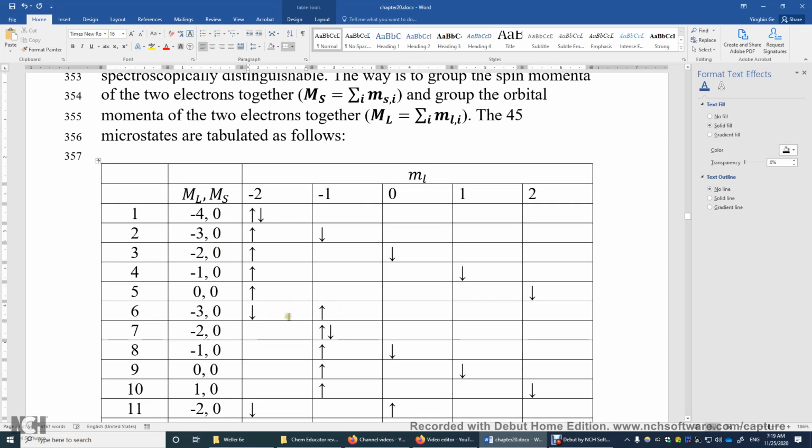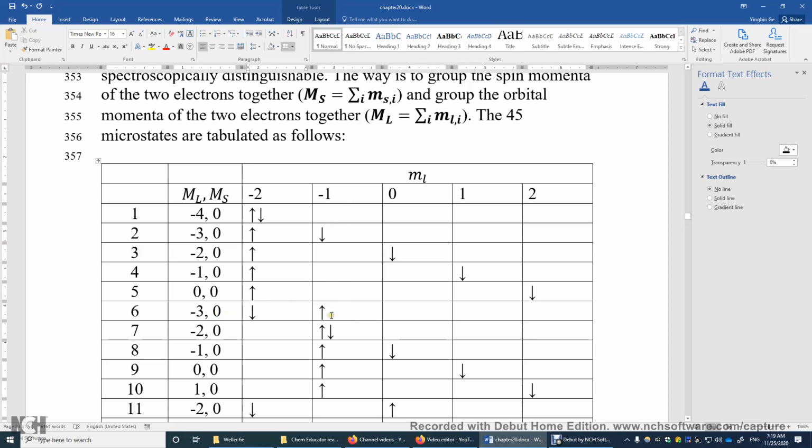Now I'm going to change the way of arranging these two electrons. Now it's the beta electron in the -2 orbital, alpha electron in the -1 orbital. And then I get -3 and 0.